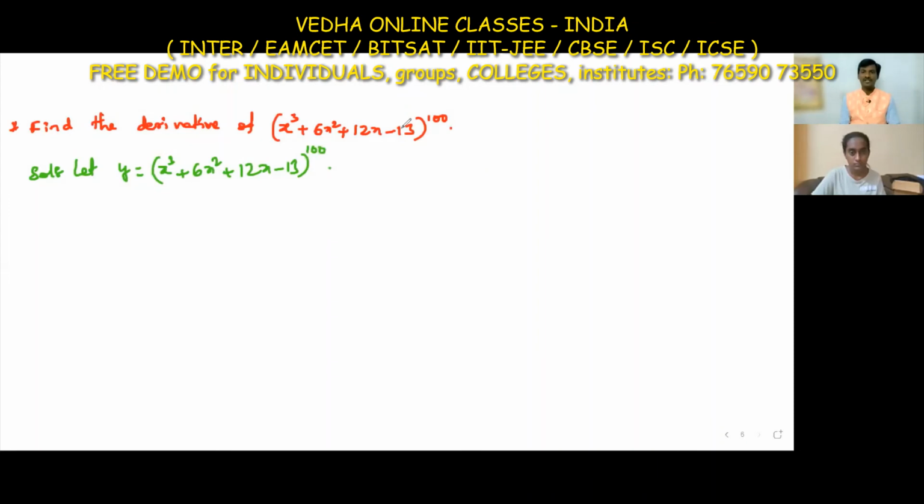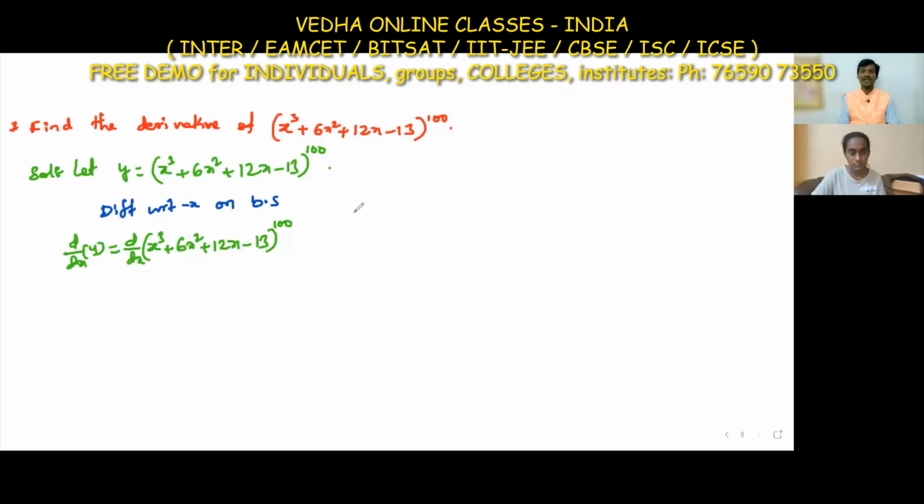Now I am differentiating with respect to x on both sides. If we differentiate, then on the left side we get d by dx of y is equal to d by dx of (x cube plus 6x square plus 12x minus 13) whole to the power 100.